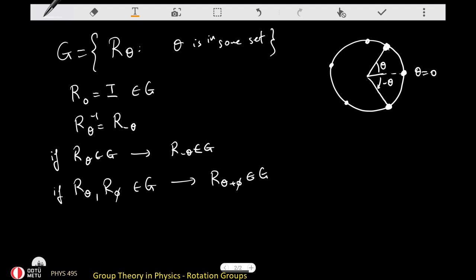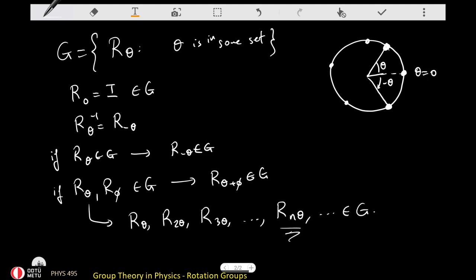In any case, one special implication of this is that if R theta is within the group, then all the rotations that are obtained from this element only, basically all rotations which are an integer multiple of theta, should be within that group. So this is an important starting point.